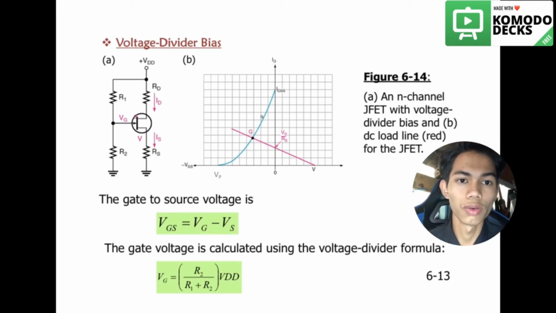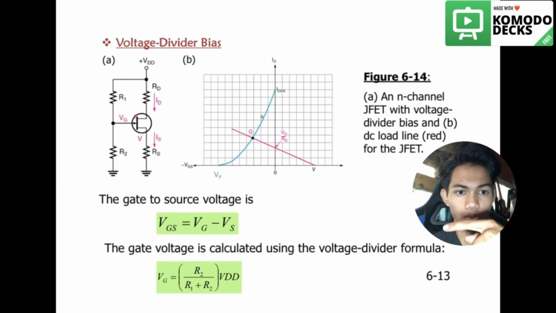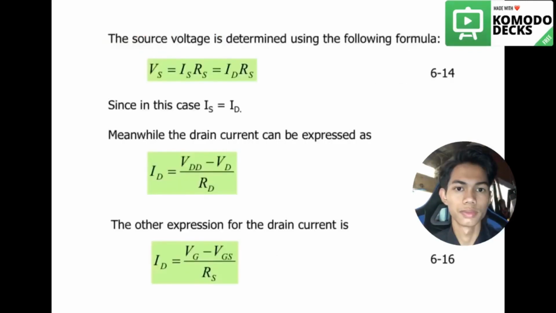I will continue about voltage divider bias for JFET and BJT. Okay, we can count the gate to source voltage, and the gate voltage is calculated using the voltage divider formula. The source voltage is determined using the following formula.